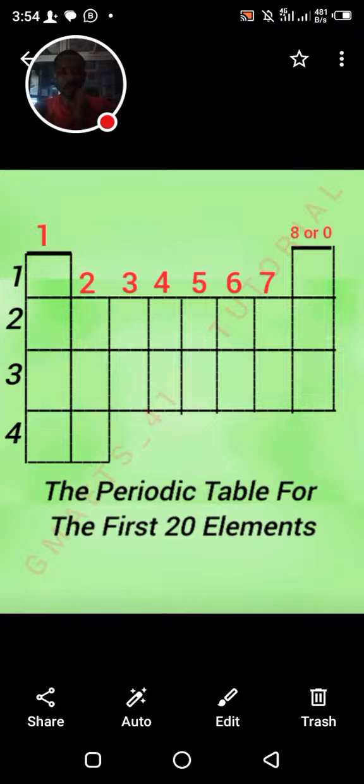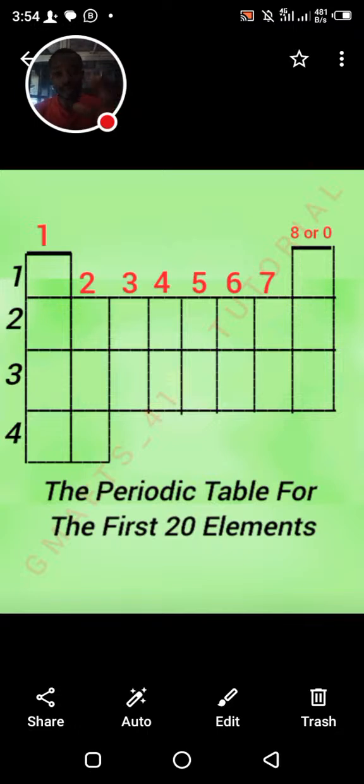So that column arrangement, that vertical arrangement, is what we refer to as the group of the elements in the periodic table. How do we define the group of an element in the periodic table?